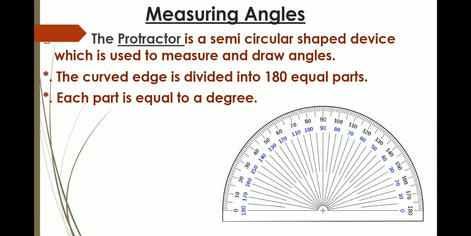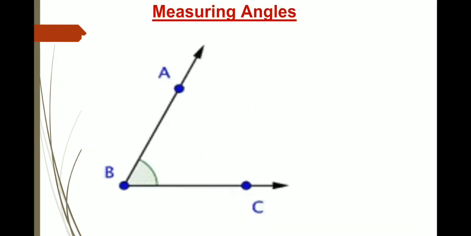There are two scales marked on the protractor, outer and inner. The outer scale is marked from 0 degrees to 180 degrees in clockwise direction. The inner scale is also marked from 0 degrees to 180 degrees in anti-clockwise direction.